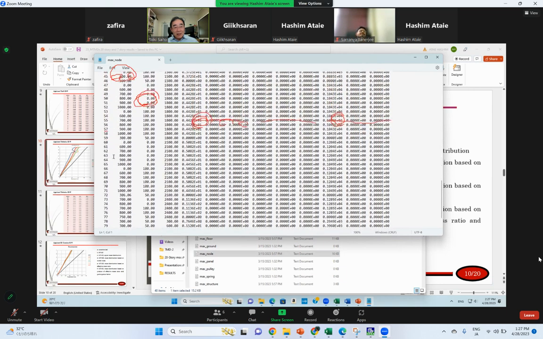So yeah, the deformation of main building is here. So you can plot this. Do you understand? Yes, I will take it.